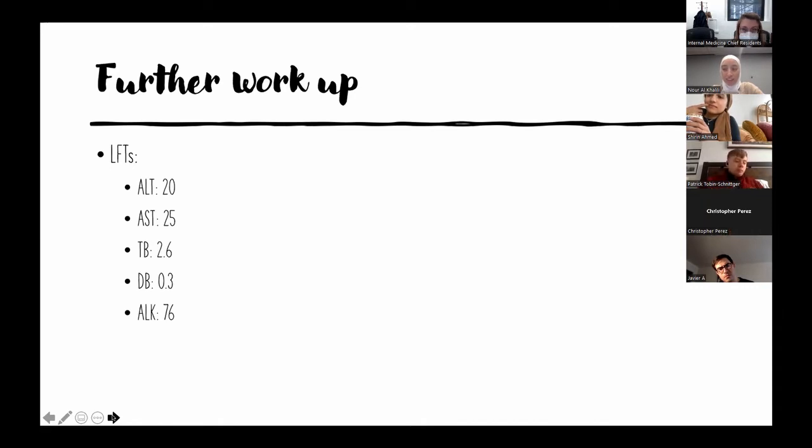Is there anything else that you want to do before saying that it's Gilbert? You could ask some questions about social life, like alcohol, any family history of liver disease, or anyone else with the same symptoms, and any toxins.